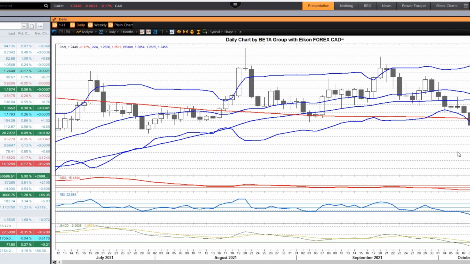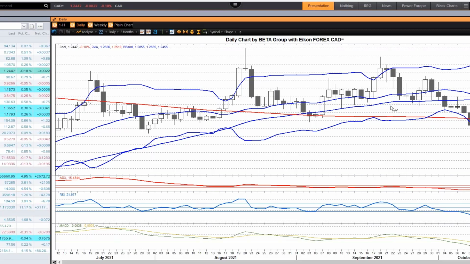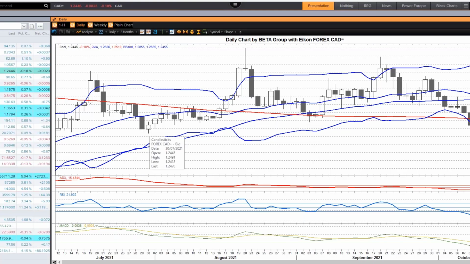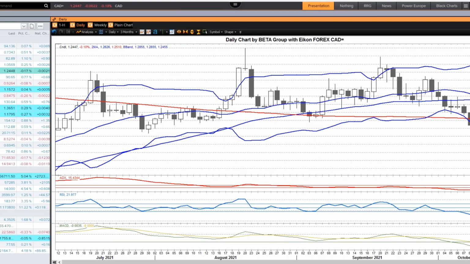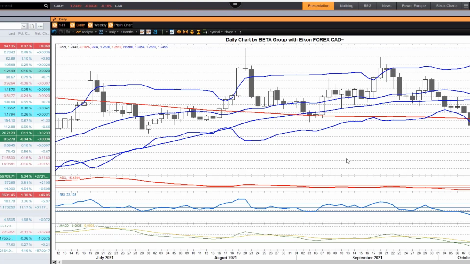On the daily chart, here we see the lower highs in pattern high, lower high, breaking very important support here at 125, and now the next support level for it to test is the 124.18 level, but I don't think that's particularly strong support. The technicals are negative in here. This is negative for the dollar.